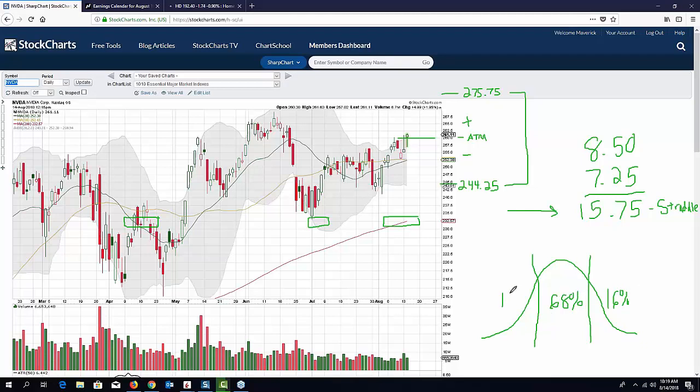You're going to move outside of one standard deviation to the upside. And 16% of the time, you're going to have a huge blowout number, or poor number, or whatever it is, but not even necessarily a bad number, just a huge reaction to the downside. That's going to happen maybe 16% of the time. It's going to go beyond one standard deviation to the downside.